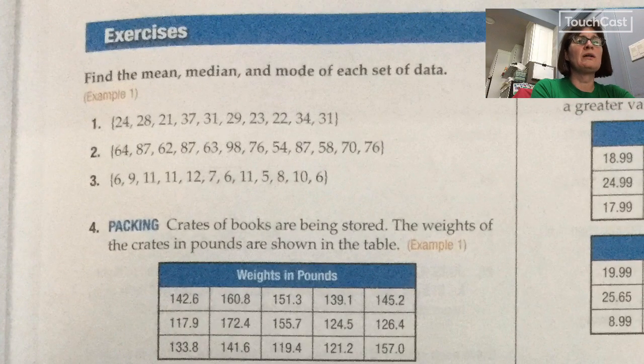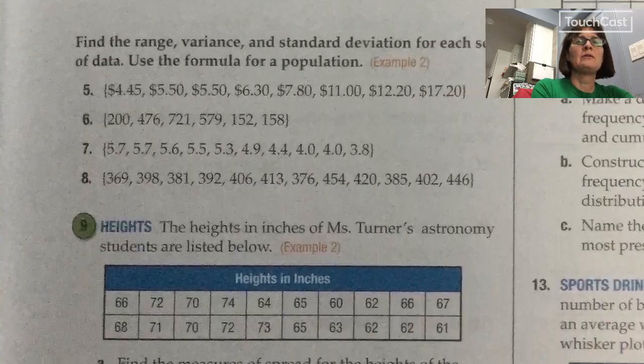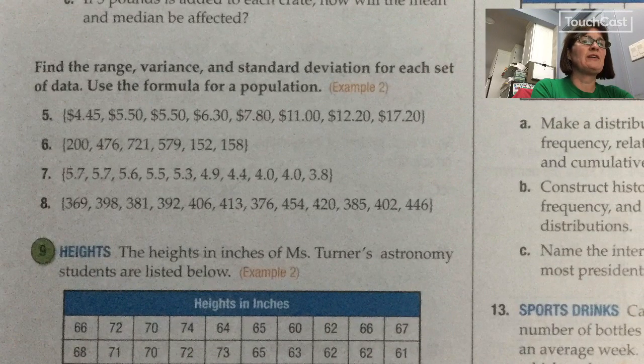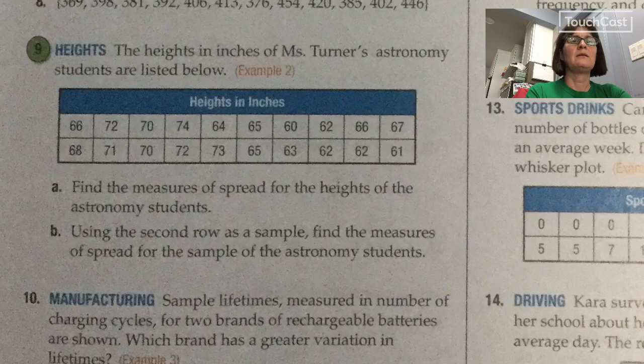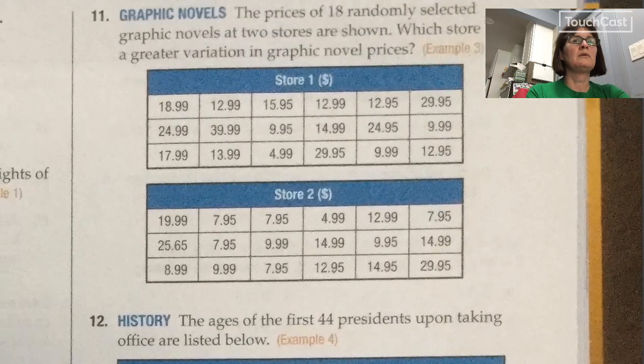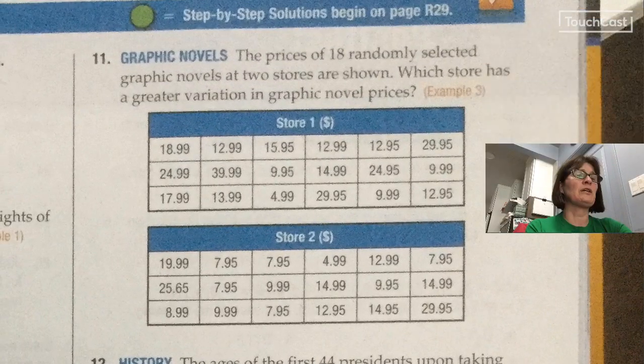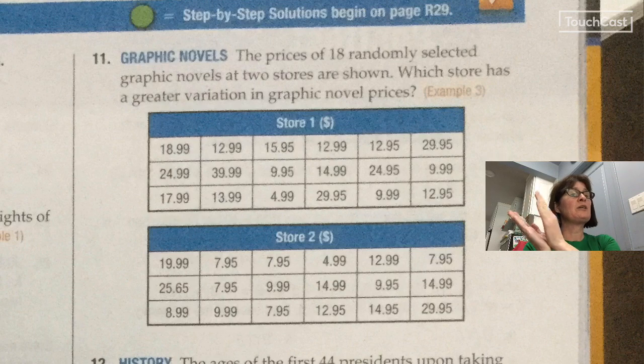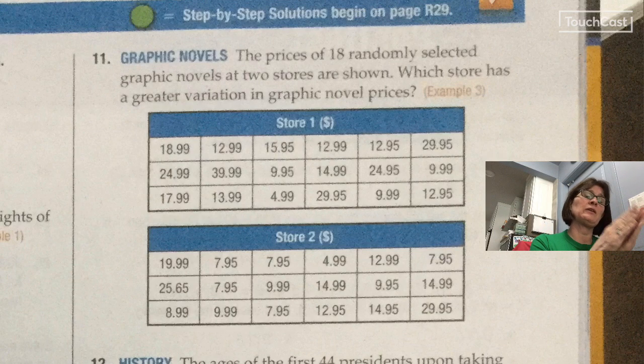So question 1, mean, median, and mode. Question 5, to practice finding range, variance, and standard deviation. They specify here, these are population. Question 9 and question number 11. Question 11 is the one where you're going to find measures of central tendency and of variability and compare the data to find which one has the greater variation. Good luck, and we'll see you tomorrow.